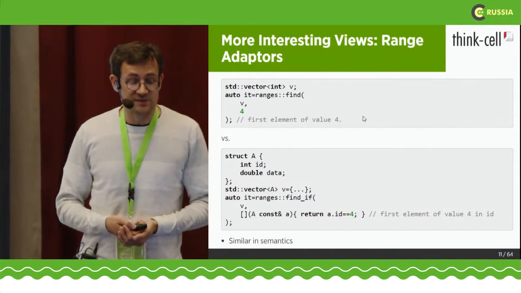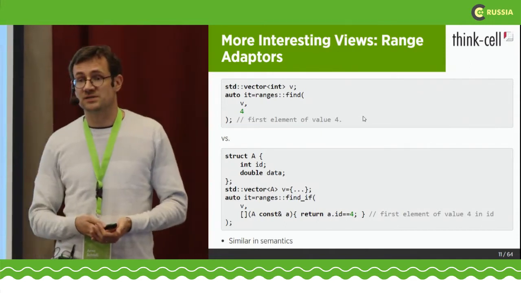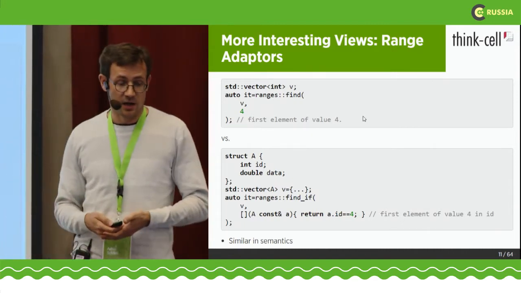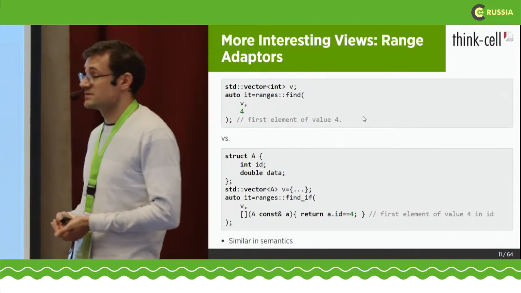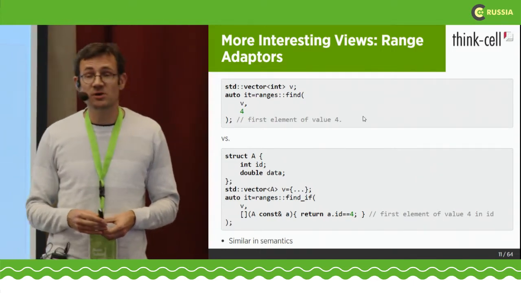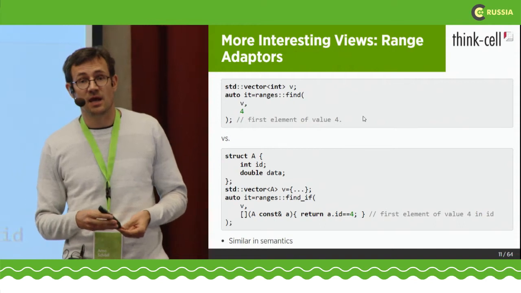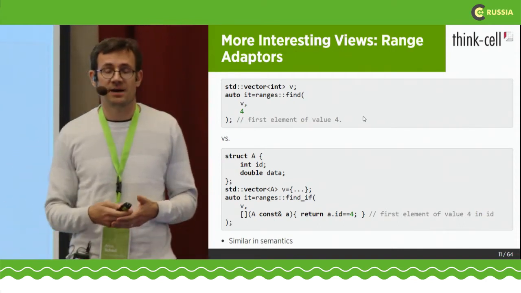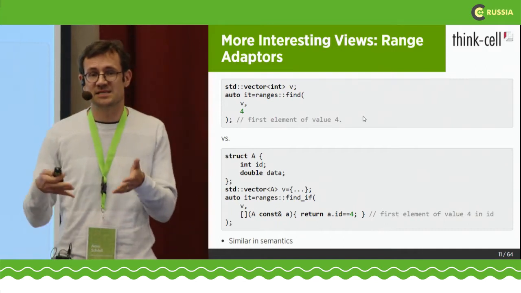Let's say you want to have a vector of ints, and you want to find an element, say 4, in that vector. You would write something like find vector 4. Okay, clear enough. Let's say you want to do the same thing again, you want to find a 4 in a vector, but that vector doesn't contain ints directly.